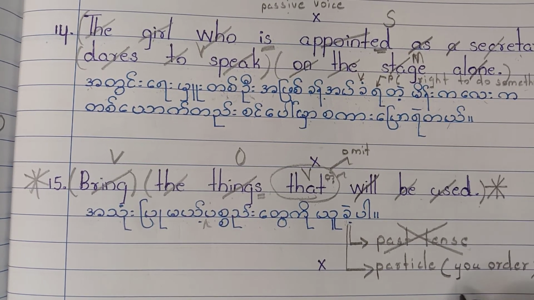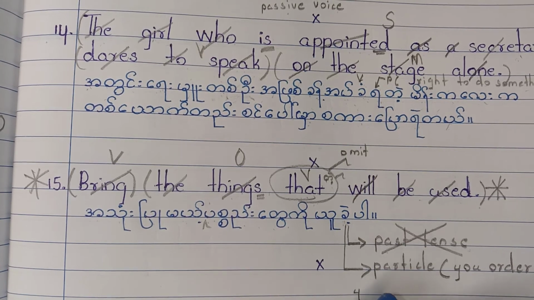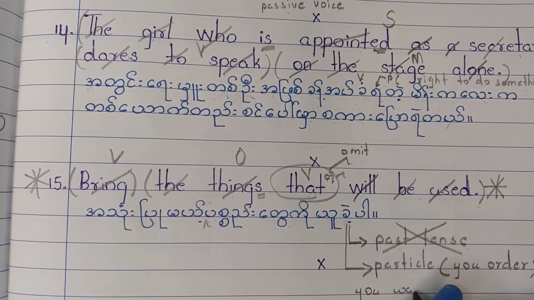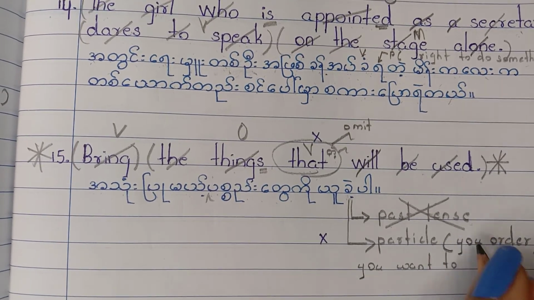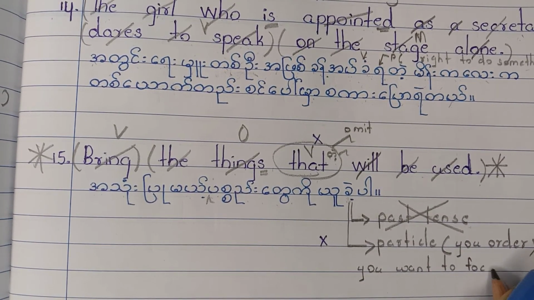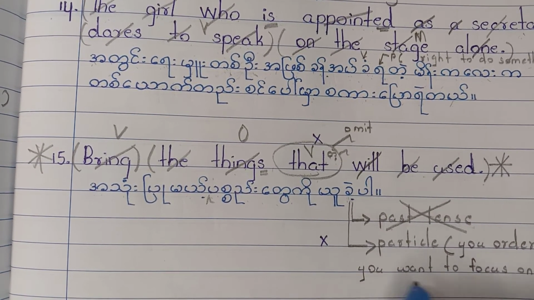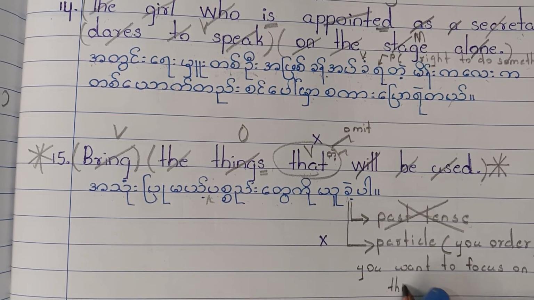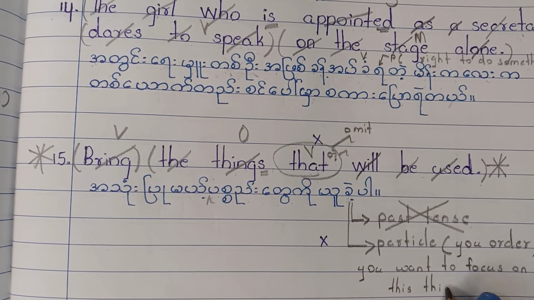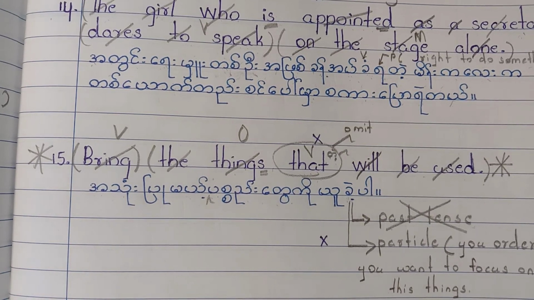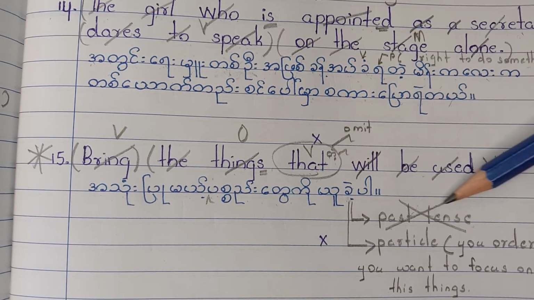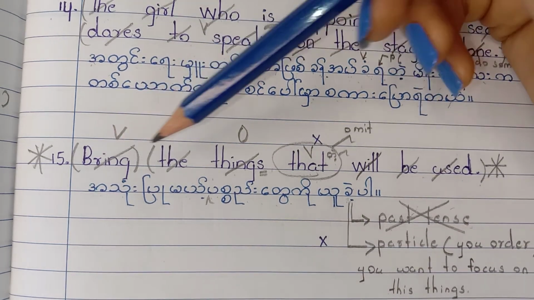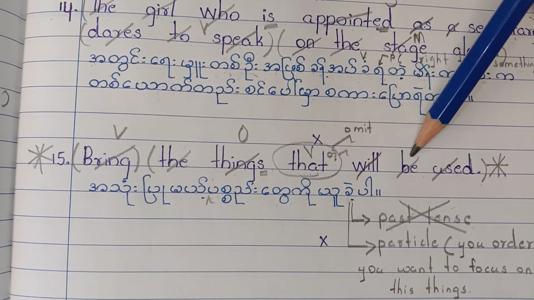And then you want to focus on the things, on these things. That's why we use the particle K, not past tense. So bring the things that will be used.